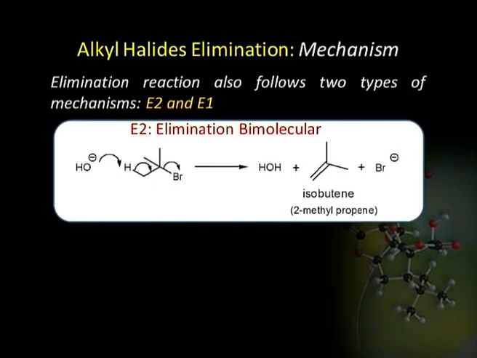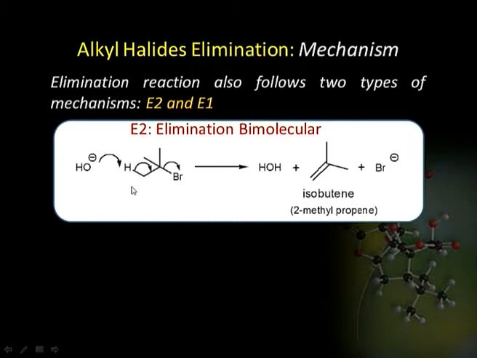Elimination reactions in alkyl halides also follow two types of mechanisms, E2 and E1, which are analogous to the SN1 and SN2 reactions in case of nucleophilic substitutions. So, E2 reaction is elimination bimolecular.